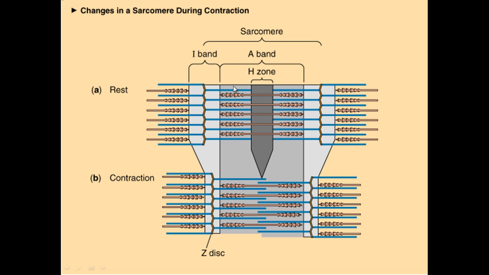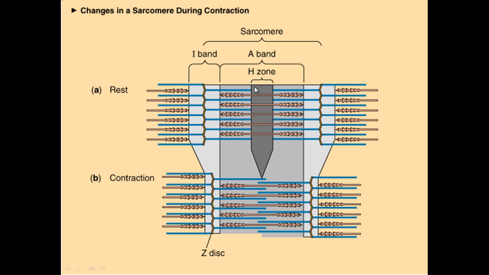The A band is always the width of the myosin filament. The I band only represents just where the actin filament is, and the H zone represents the distance between the two actin filaments. You also have this measurement here, which is your sarcomere, the distance between two Z lines.